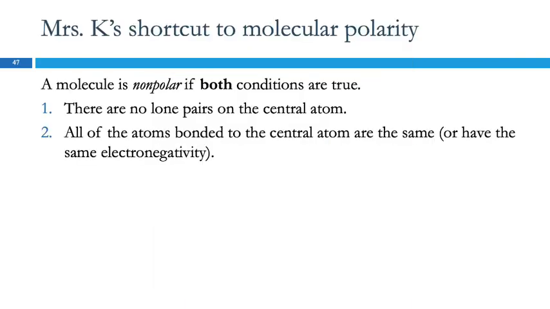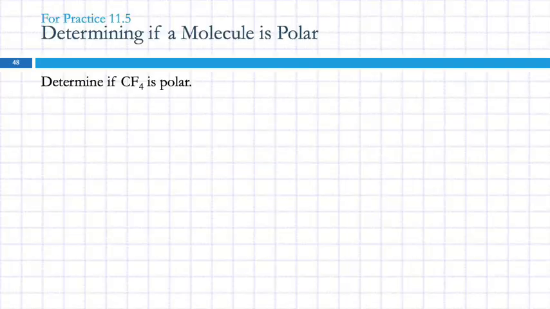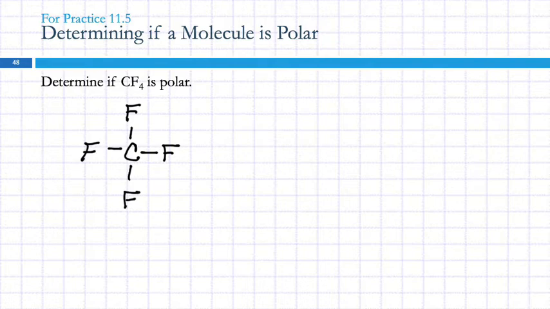There's my shortcut. So let's determine if CF4 is polar. We have to start with the Lewis structure. So carbon and 4 fluorines around it. And then just to be complete, we'll put in all the lone pairs.